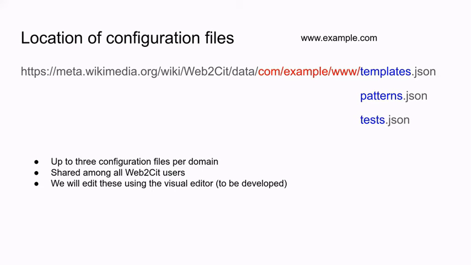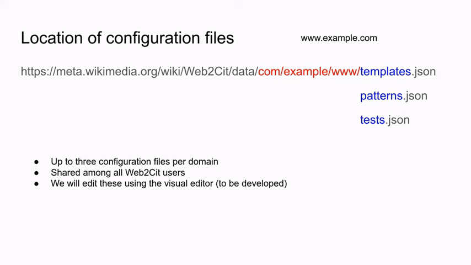Like a separate domain? Yeah, like a separate domain. No. The configuration files for example.com are going to be separate from those for example2.com. What I meant with shared among all Web2Cit users is that if you change configuration for example.com, then the translation for example.com specifically is going to be affected for all users trying to translate an example.com web page using Web2Cit.